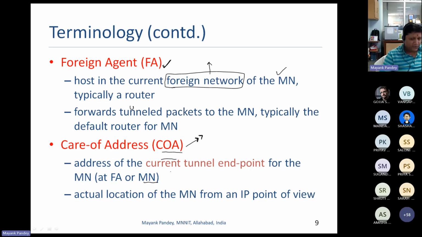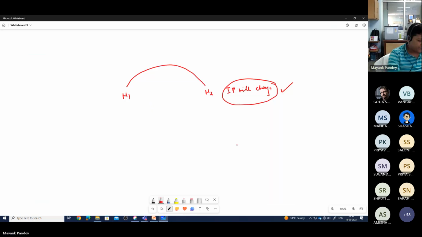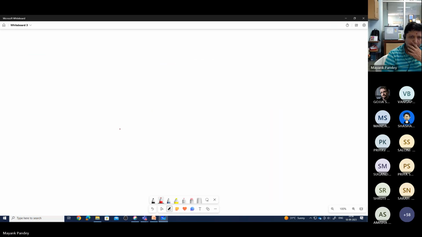So the situation is like this. Suppose I live in Allahabad, but for 15 days I am in Kanpur.